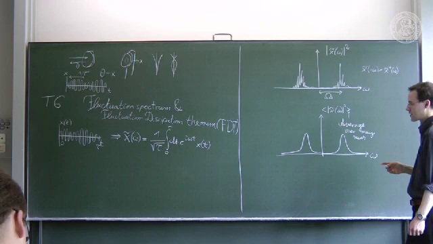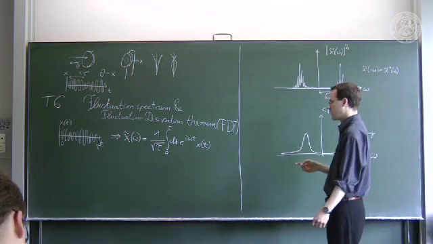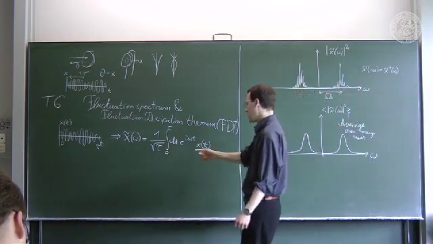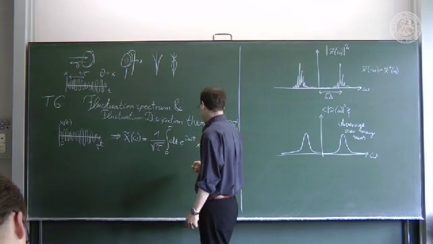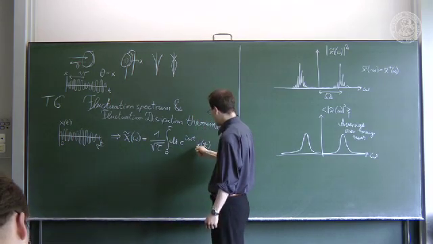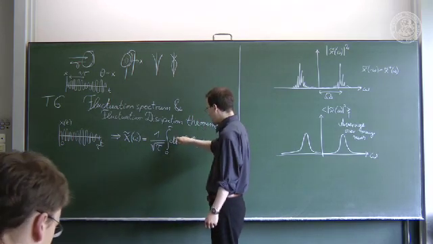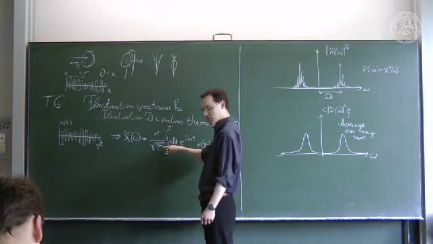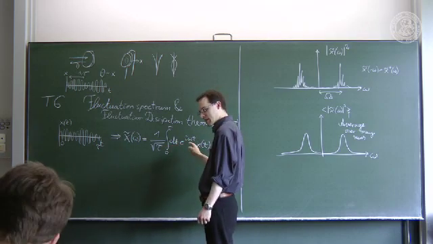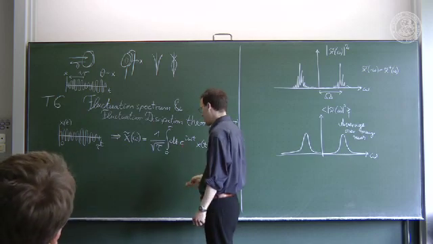So now this is the point to make a remark about the units. What are the units of x tilde? Well, you see, it's the units of x multiplied with a time divided by the square root of a time. So overall it's x times the square root of a time.